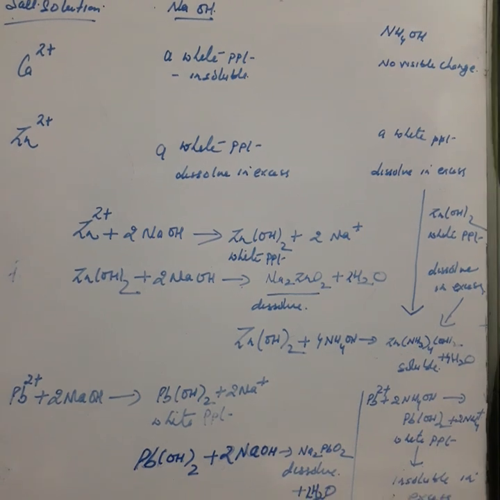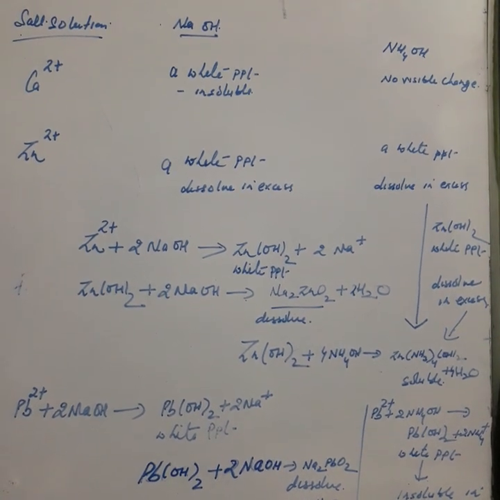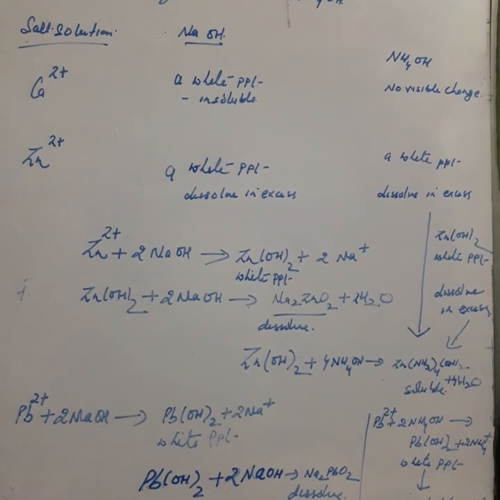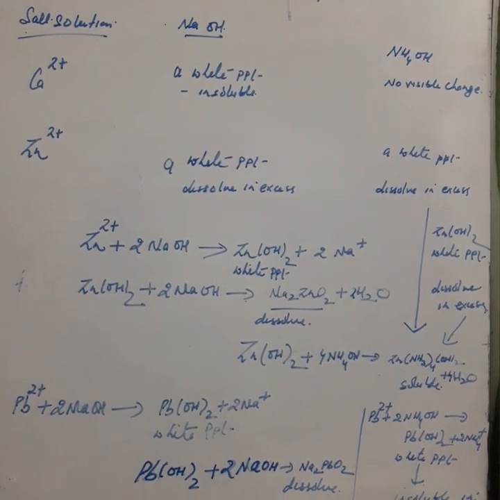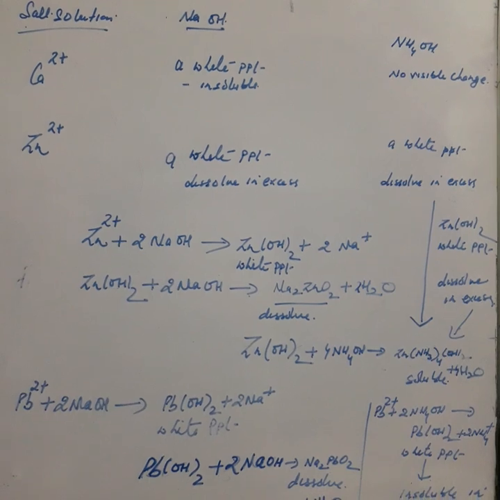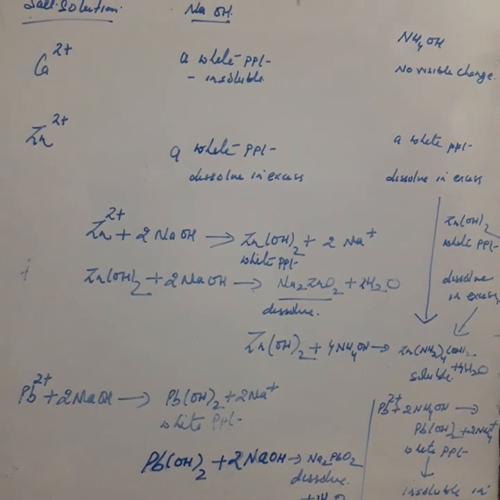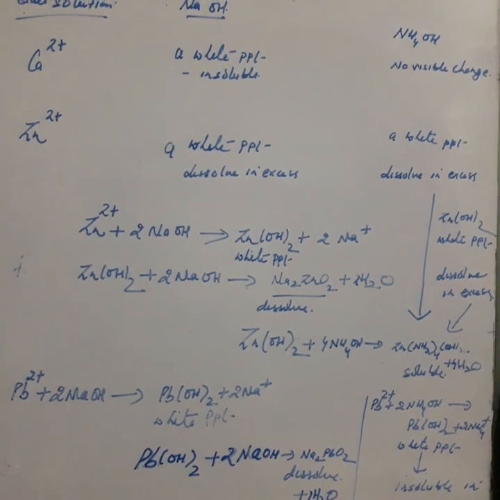Then divide the solution into two parts. In one part we will add sodium hydroxide. In the second part we will add ammonium hydroxide. How will we add? First dropwise, then in excess. Same way ammonium hydroxide also.